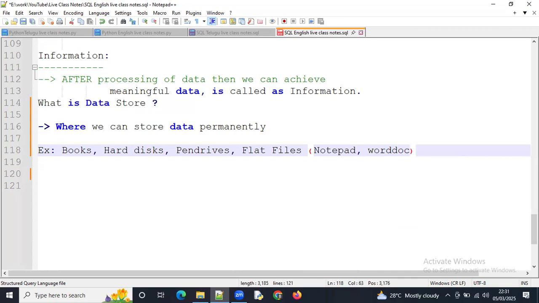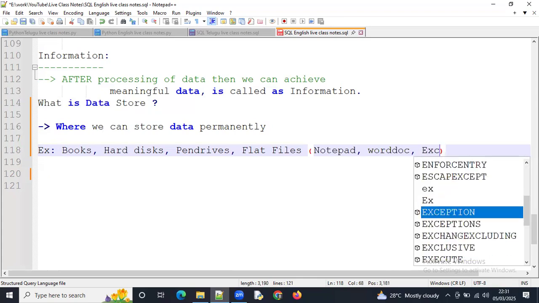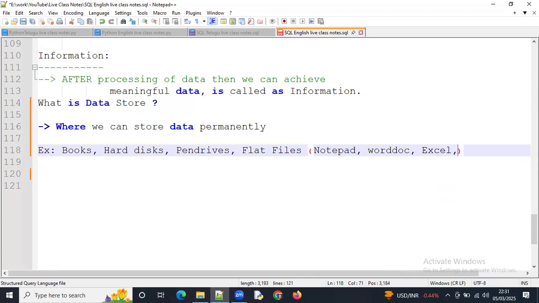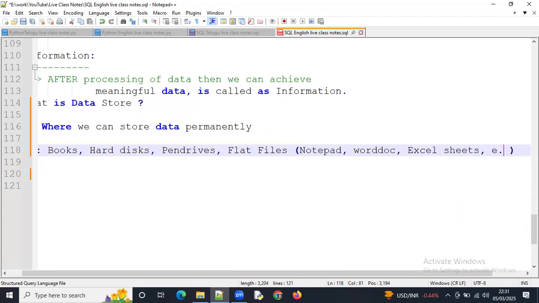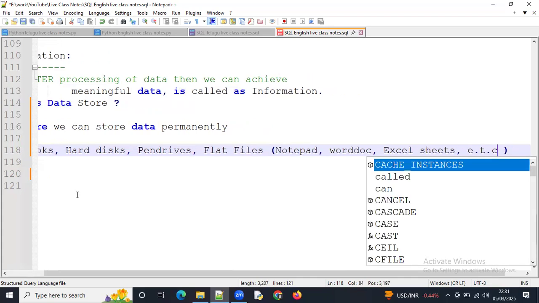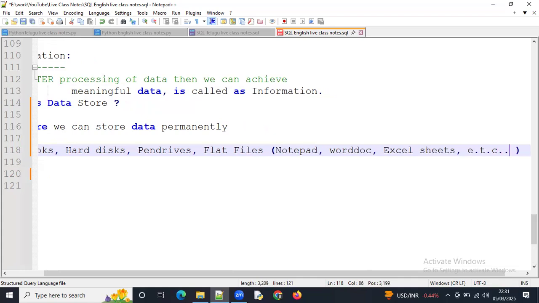Word doc means Word document. And next, Excel. Excel means Excel sheets, etc.